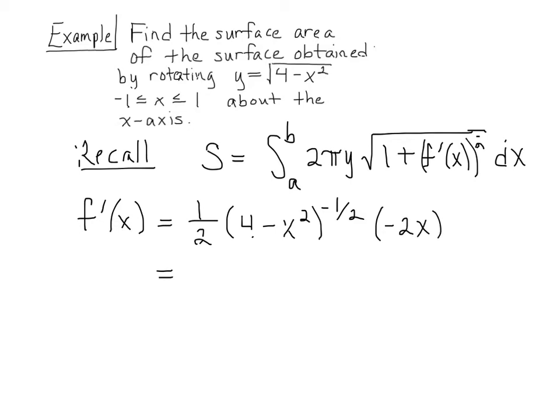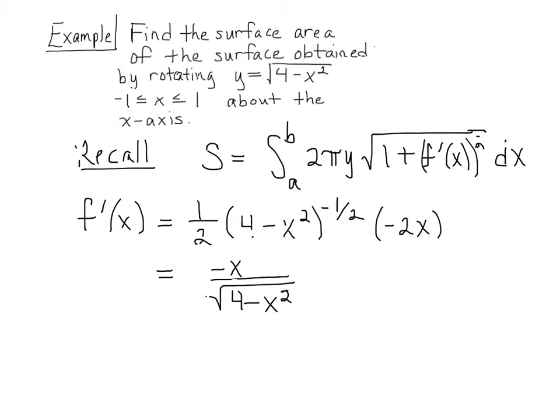Simplifying, we get negative x over the square root of 4 minus x squared.